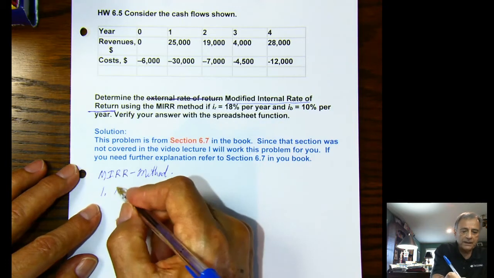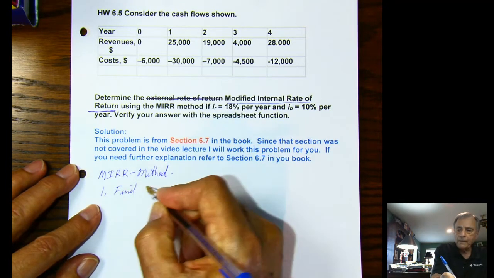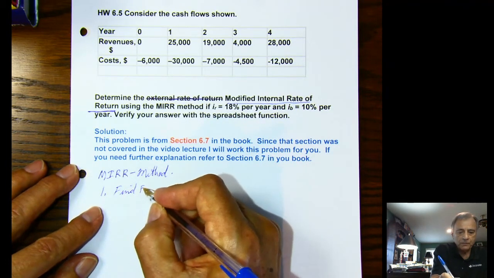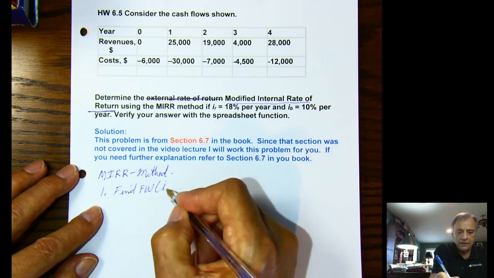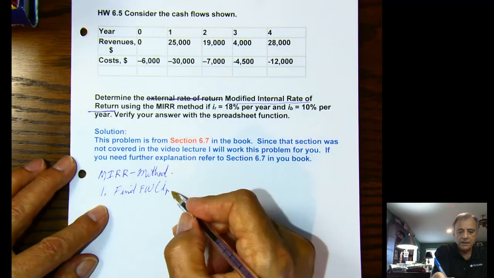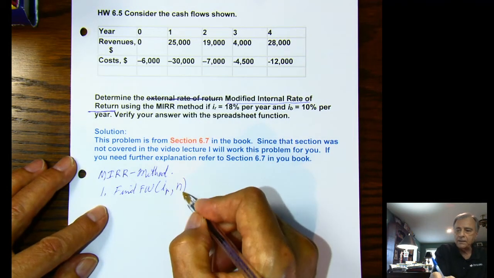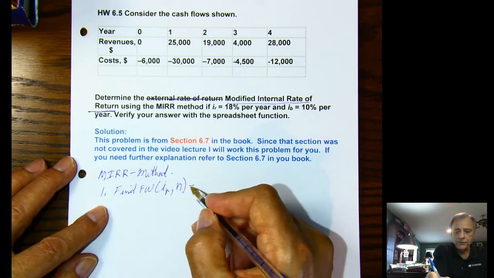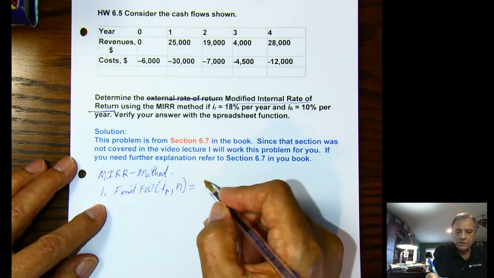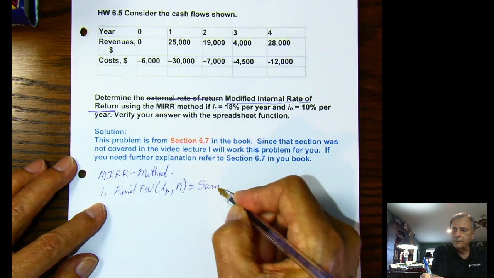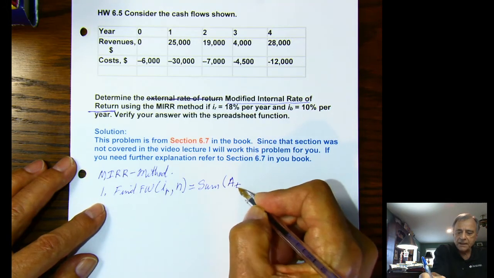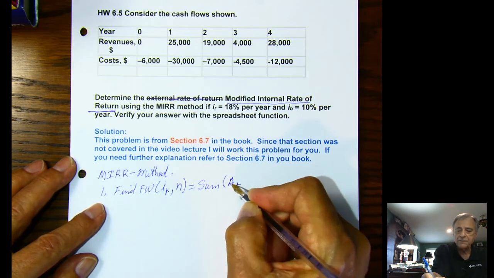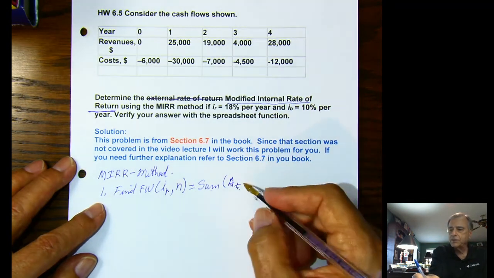So find the future worth, using the reinvestment rate, at time n of the sum of all the positive A sub t's. That's a cash flow at time t. If it's positive, it's taken out to the future.